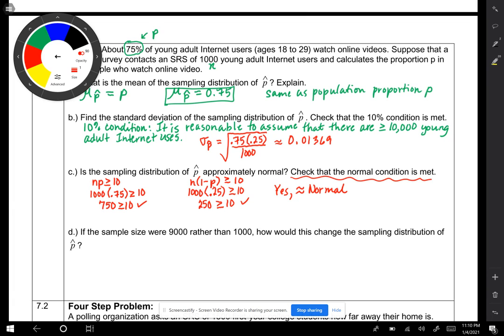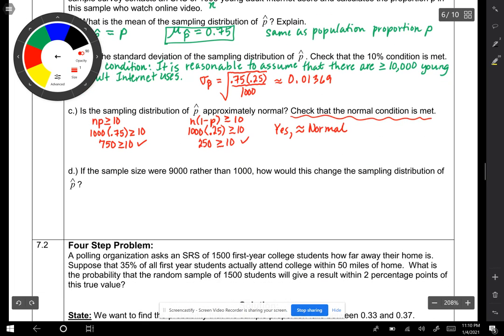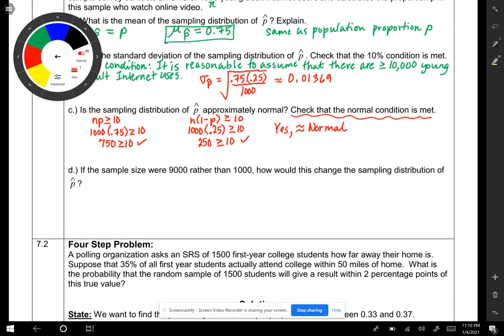And now that we know that it's normal, we could do probability calculations. This particular problem is not asking us, but the last one will. If the sample size were 9,000 rather than 1,000, how would this change the sampling distribution of p hat? So the mean would be the same because it's going to be unaffected, but the standard deviation would become smaller. And you can always plug in numbers to figure that out. If you were to replace 9,000 in the denominator instead of 1,000, you would get a smaller standard deviation.